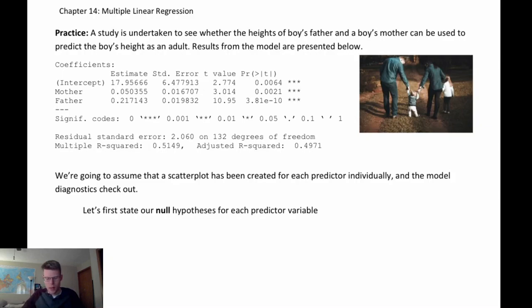And so the first thing we're going to do is look at the hypothesis tests that are being completed for each of these predictors. You'll still notice that we have a t-test for each of our predictors, one for mother's height and one for father's height. In each case, we have a beta coefficient estimate, what we estimate that coefficient is in the model.